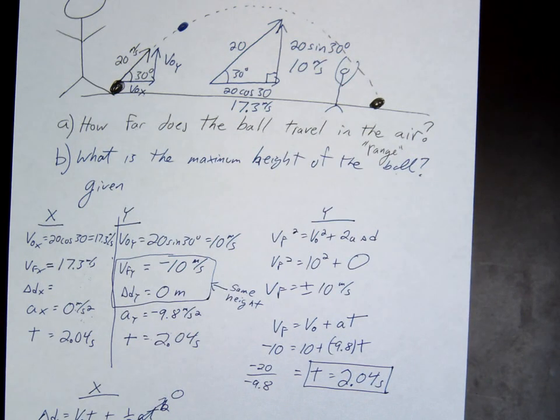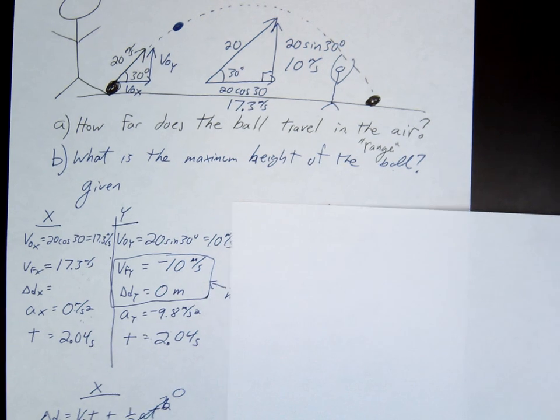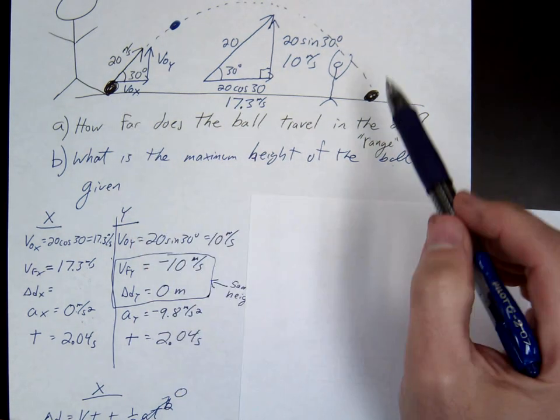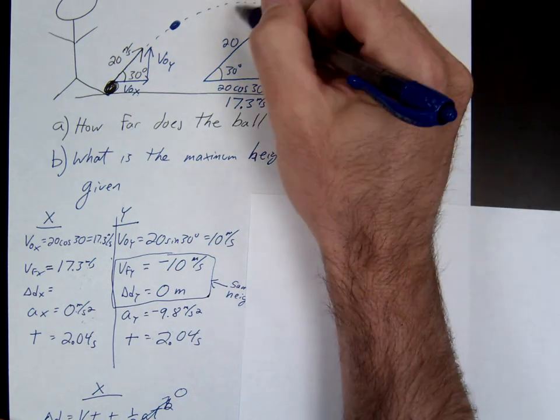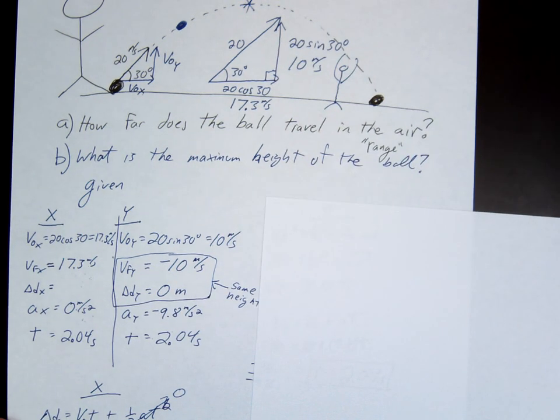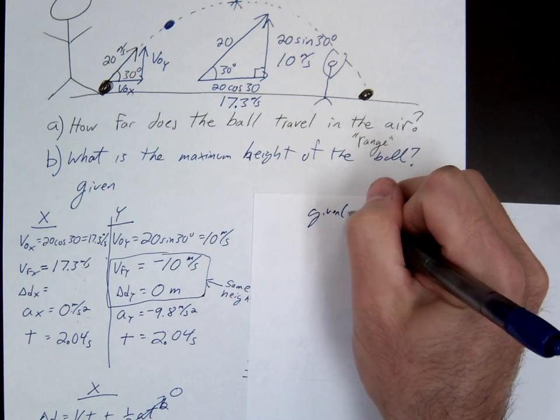So notice in this problem, our givens for here were from the beginning to the end. Now we're looking for the top. So some of the things are going to change. Let's just go ahead and redo these, but this time we'll call these to the peak.